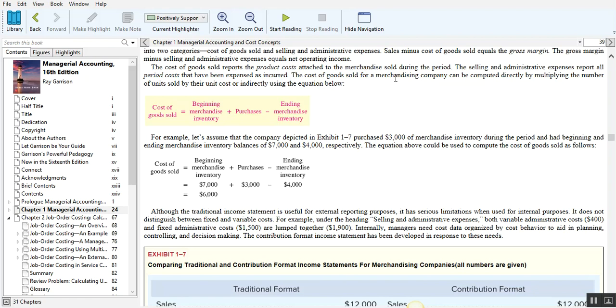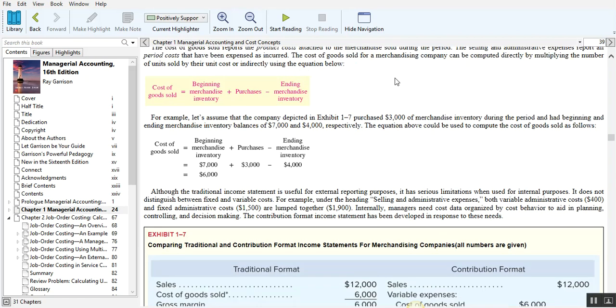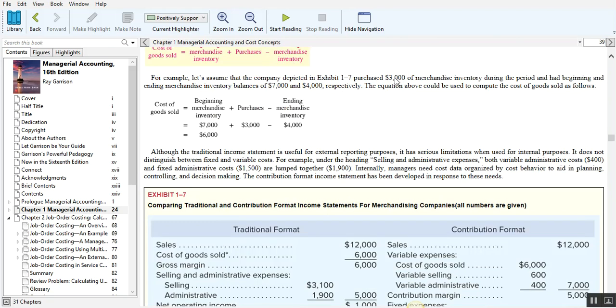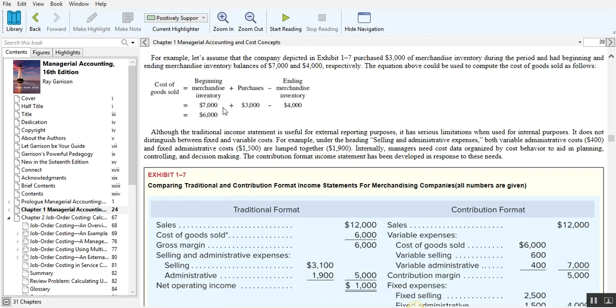These are product costs, and we're going to report those as they're incurred. Now, the cost in a merchandising enterprise will include cost of goods sold.